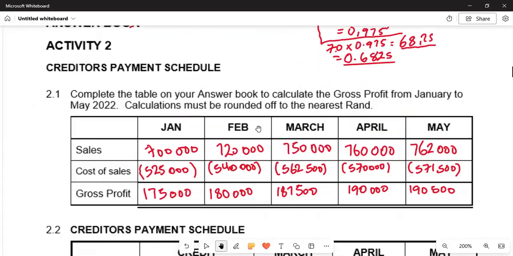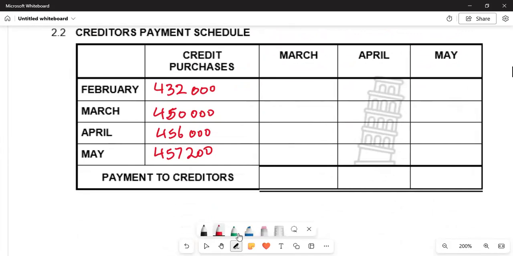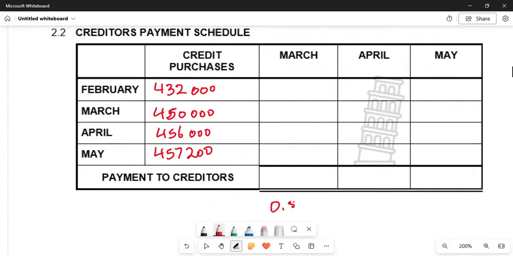We say 0.3 multiplied by 432,000, then it will give us 129,600.